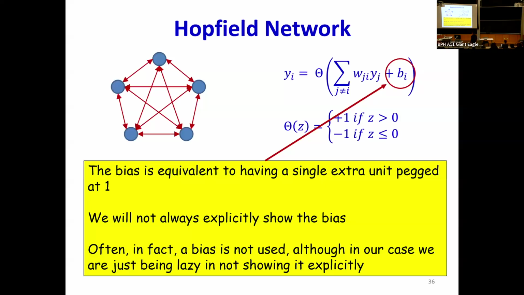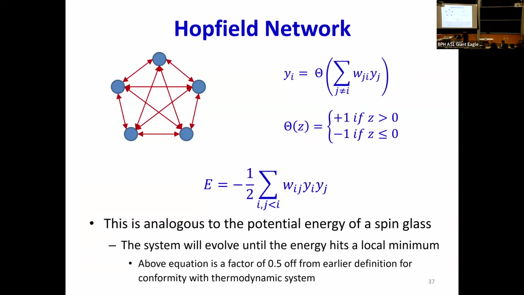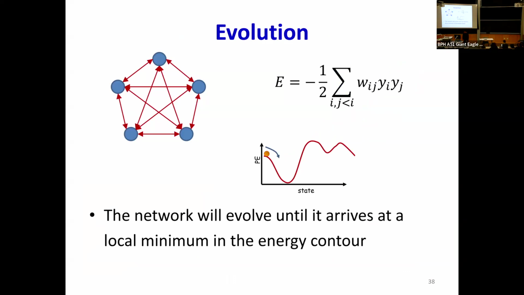In my pictures, I won't always explicitly show it, but you have to assume that it's always there, right? So I just got rid of that bias, and then I can just define the energy in terms of weights. This network is going to evolve until it arrives at a local minimum in the energy contour.